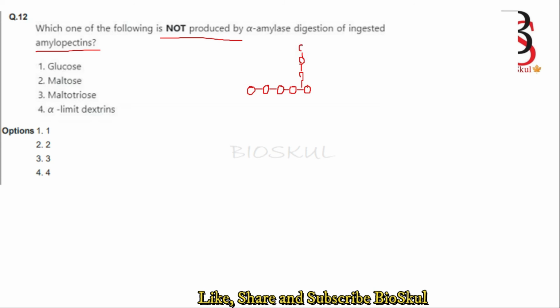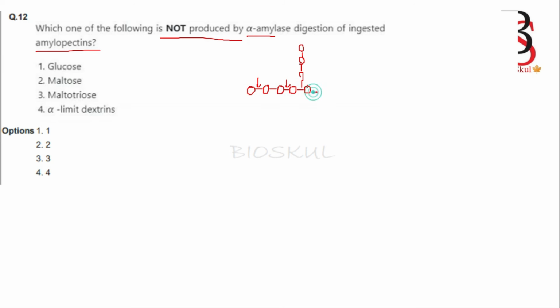It is digested by alpha amylase. Alpha amylase is an endoenzyme, so it will cleave the alpha 1,4 linkage. It cannot digest the terminal glucose residues. So which one of the following is not produced by alpha amylase digestion?